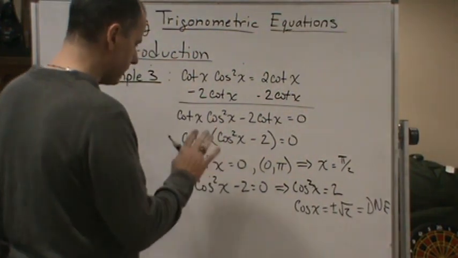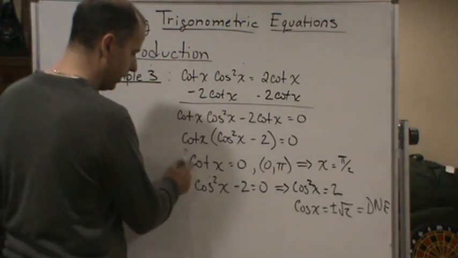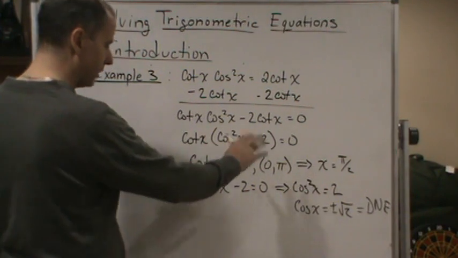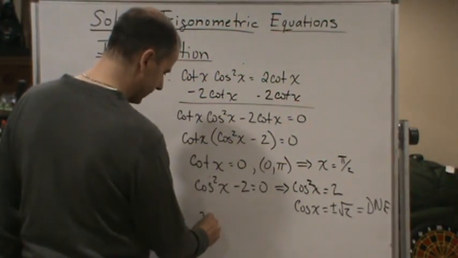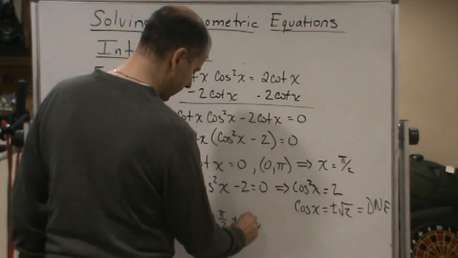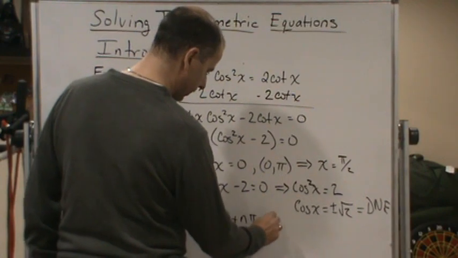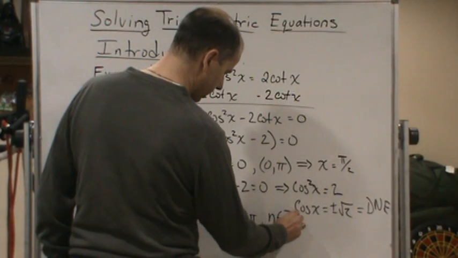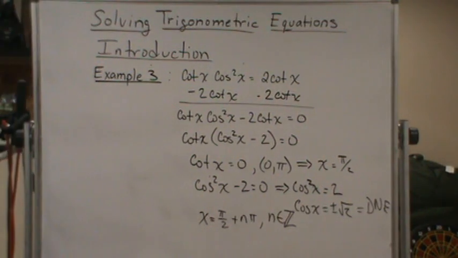So, again, since the period for cotangent is pi, then to get the general solution, we would write x equals pi over 2 plus n times pi, where again, n is an integer. And that's it.